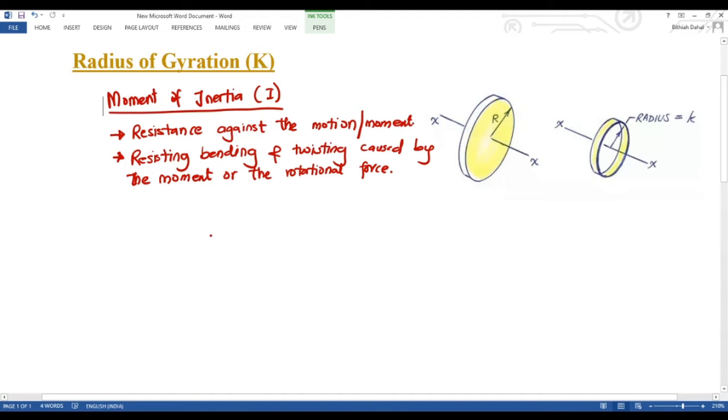Right? Now, this is a simple explanation of moment of inertia.